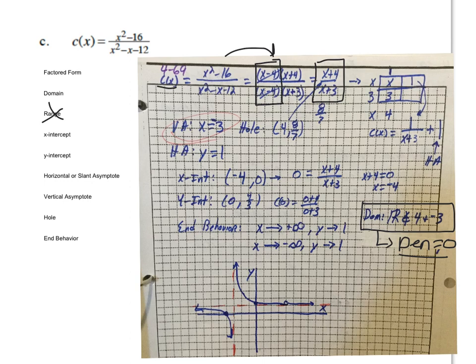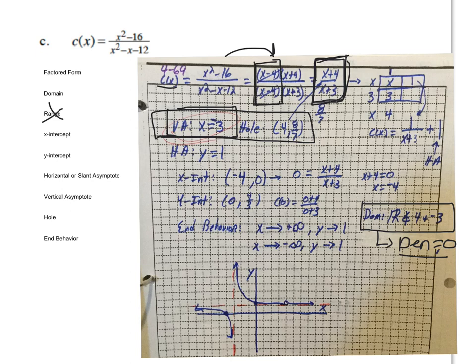Vertical asymptotes and holes come from restrictions on your domain. So as I look at my simplified factored form, I see that x can't be -3. Therefore, since that factor remains in the factored form, it gives rise to a vertical asymptote of x equaling -3.